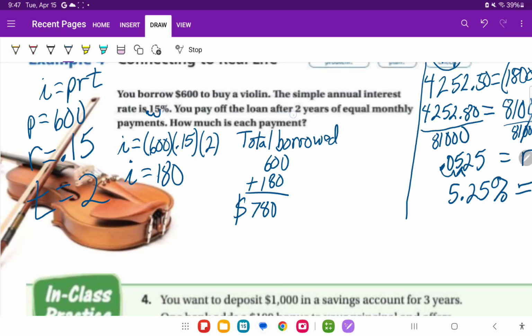Now 2 years equals 24 months. So I'm going to pay every month for 24 months. I'm going to take 780 divided by the 24 months.